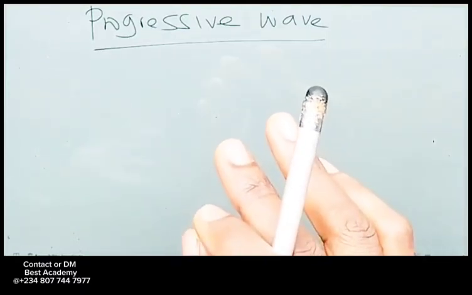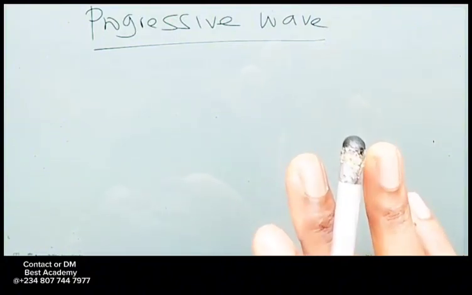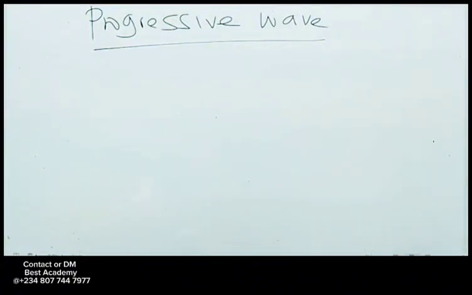Let's get the definition of progressive wave. A progressive wave is a wave that transfers energy from one point to another in a medium without any net transport of matter.